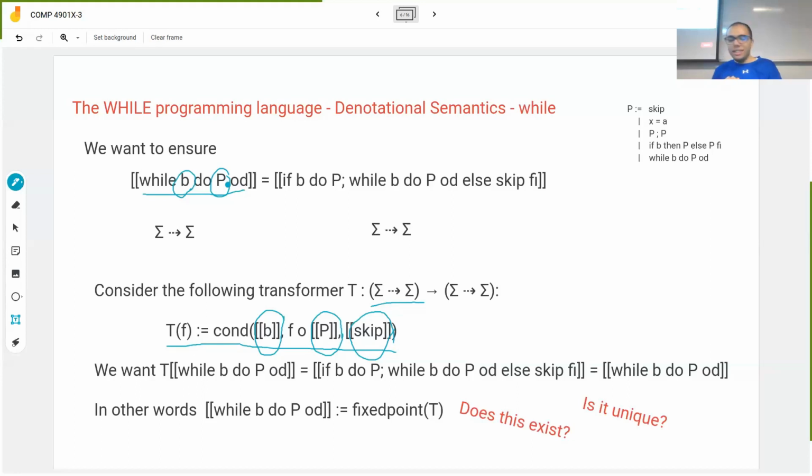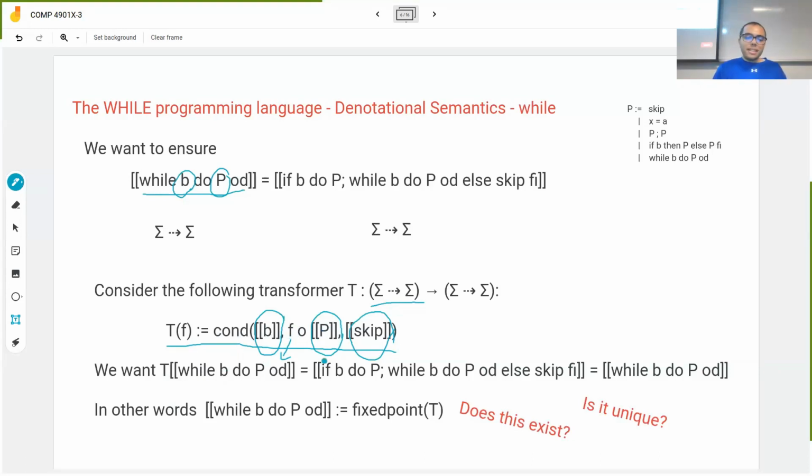What happens if I apply T to the semantics of my while loop? Well, this F is now the semantics of my while loop. So it says check B, and if B doesn't hold, do skip. If B does hold, first do P, one iteration, and then do the while loop again.